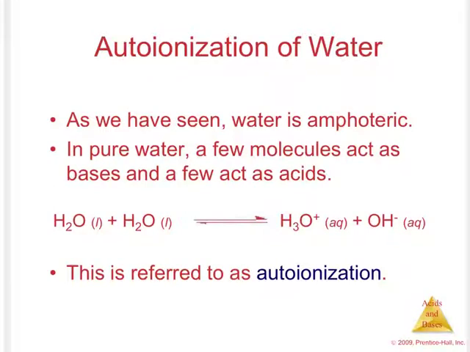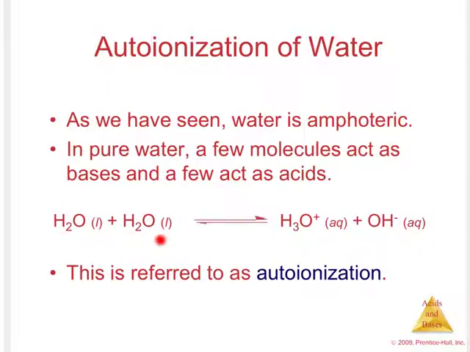So we've said that water is amphoteric or amphiprotic, meaning that it can act as an acid or a base. So in pure water, some of the water molecules are going to react with each other as they're bumping around and bouncing off of each other.